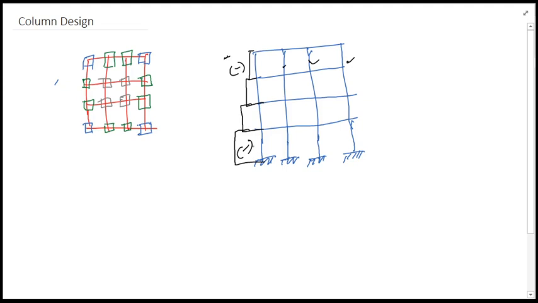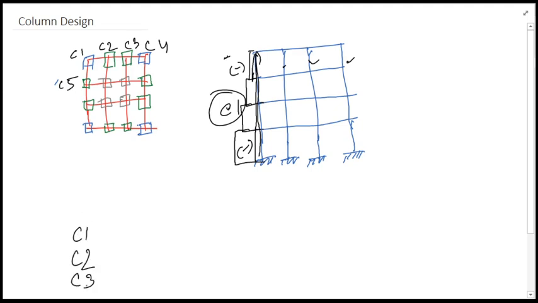From all the columns, as we all know, the loading pattern is well known to us. So say we denote these columns as C1, C2, C3, C4, C5, and so on. If this is the C1 column, then we have the axial force diagram for this one. You will be creating a table again, as we have created for the beams: column 1, column 2, column 3, like this.